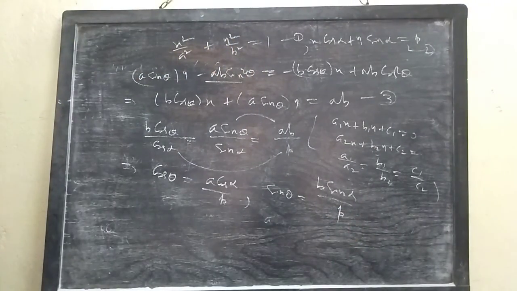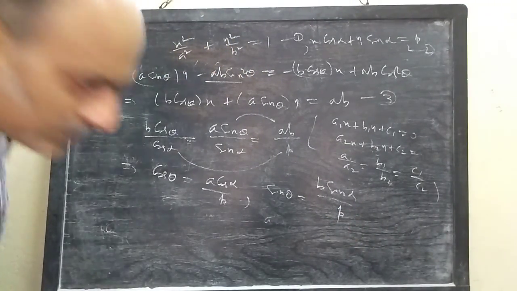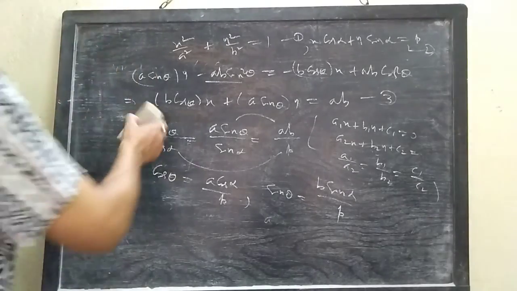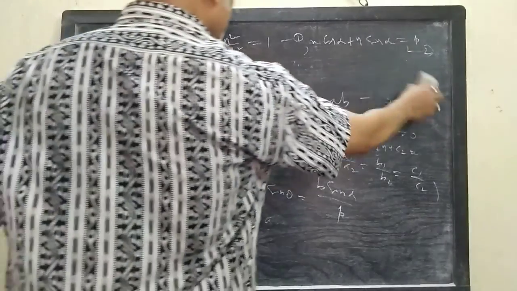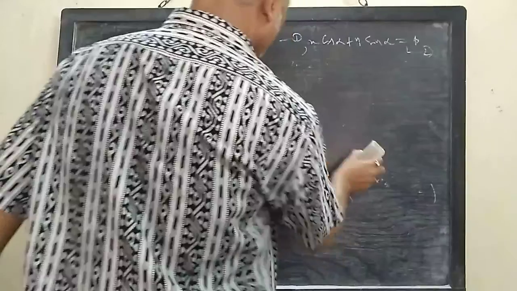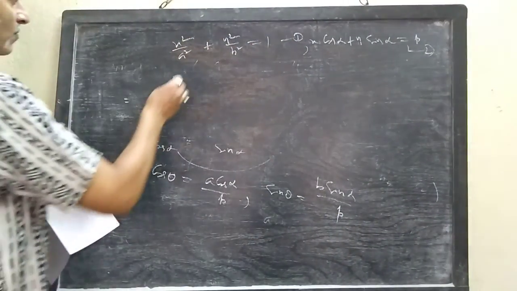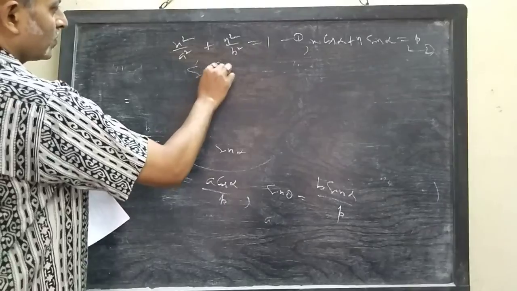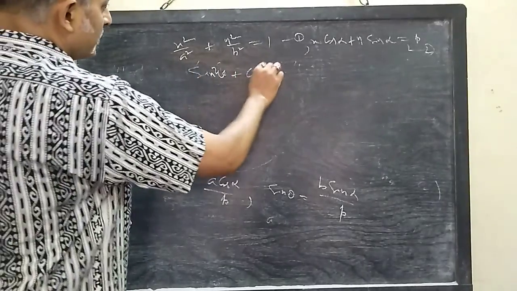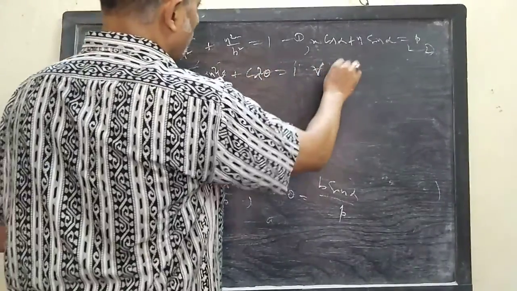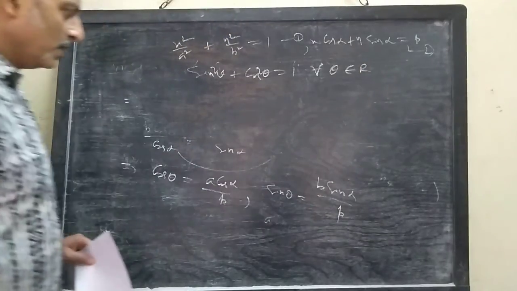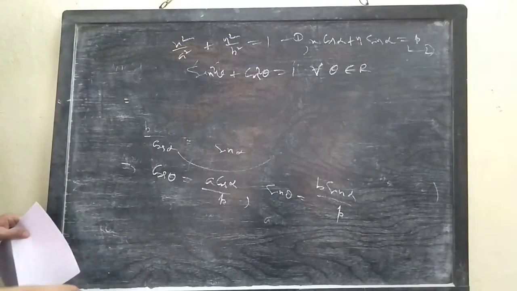Okay, now I am erasing this. Now we know sin square theta plus cos square theta equals to 1 for all real values of theta. Now substitute these values instead of sin theta and cos theta.